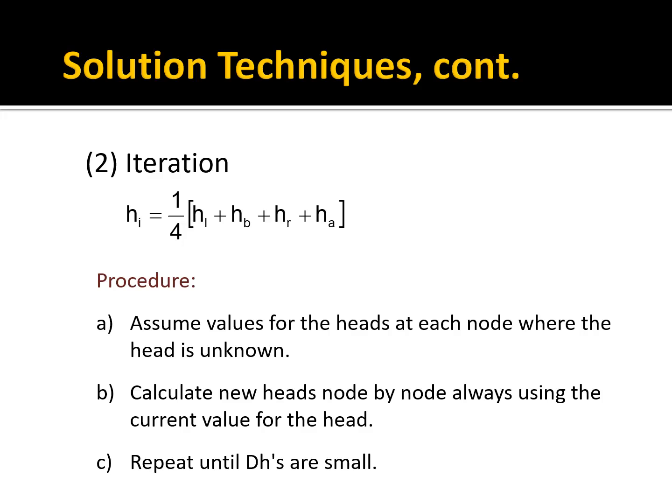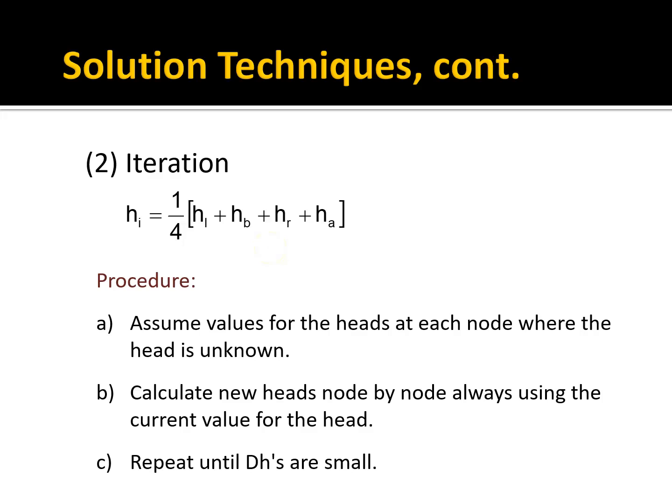And then again, we start out by assuming heads at all the nodes where the head is unknown. And then we just sweep through the entire grid, and at each node, we readjust HI based on the heads at the other nodes using this equation. Okay? And then we just keep doing that over and over and over again.